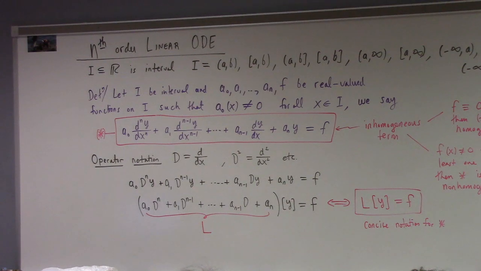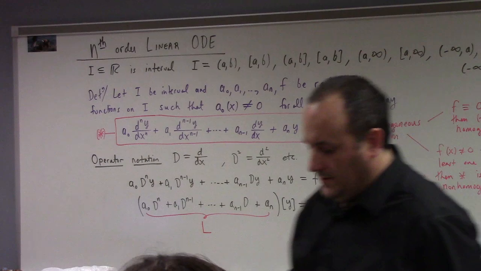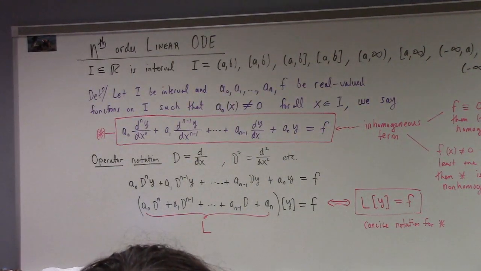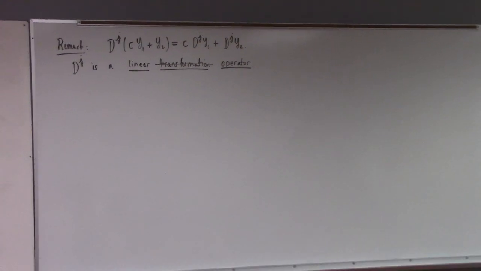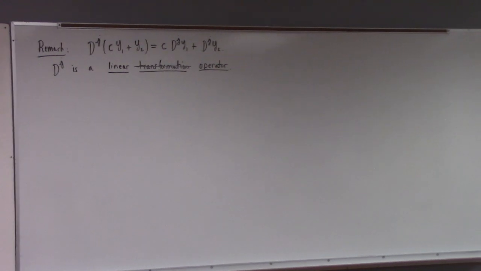What's an operator? See, an operator is a function of functions, really. It takes in a function and it outputs a function. So like here, the input into the jth derivative operator is whatever function you're differentiating, and the output is the jth derivative.